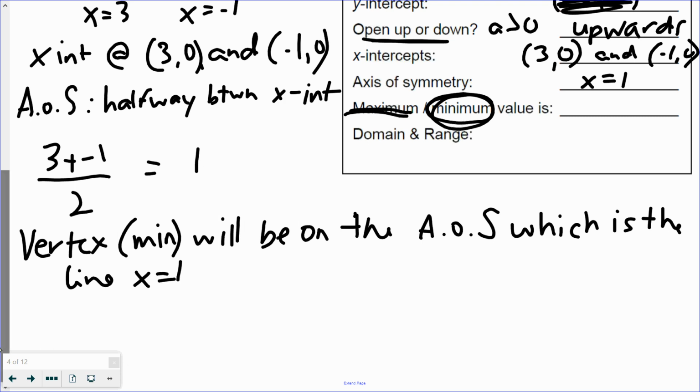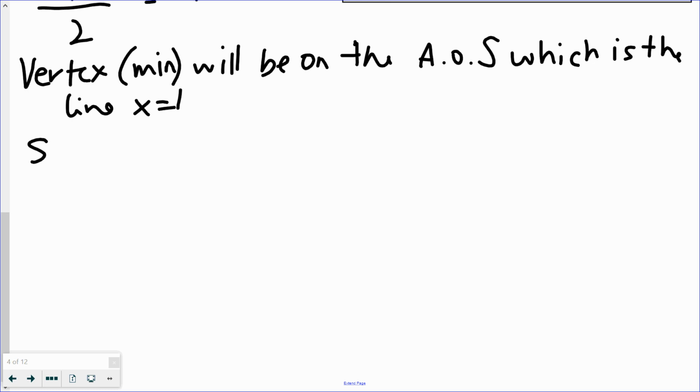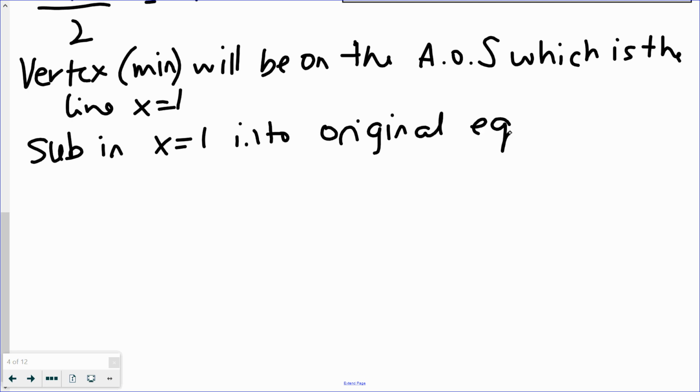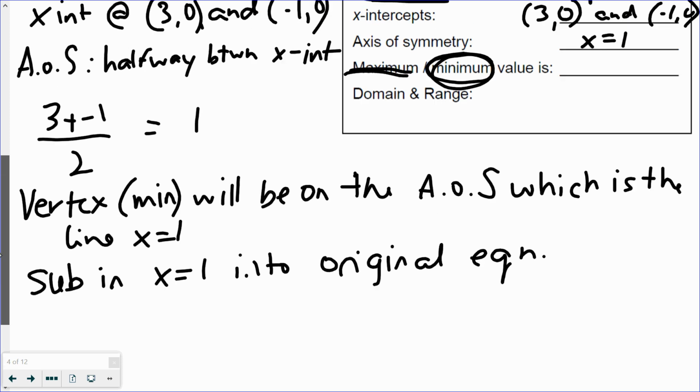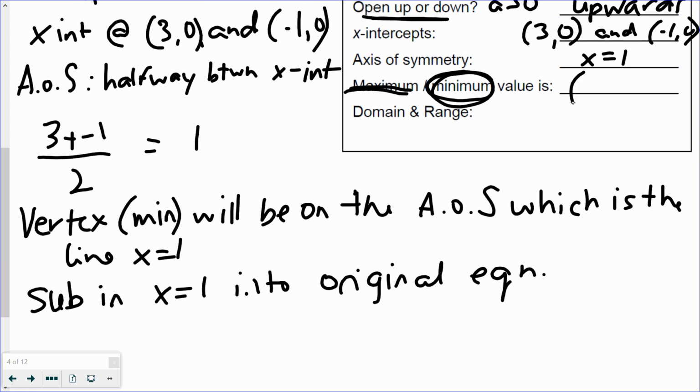So what I can do is I can sub in x equals 1 into the original equation. And we already know, just up in our little function summary, that the x value for our vertex is going to be 1 because it's on the axis of symmetry. So we're just trying to find the y value if x is equal to 1.